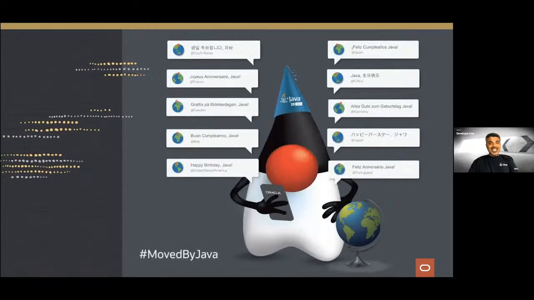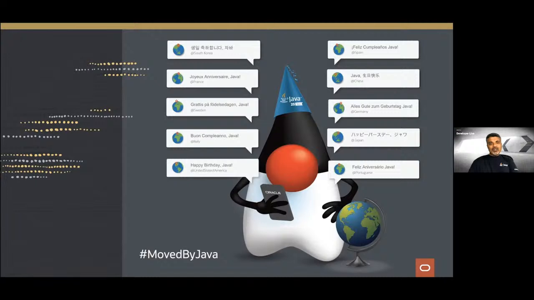Before we begin, I would like to say happy birthday, Java, again. Obviously, we celebrated Java's 25th birthday last year. And all of you have shared so many of your unique stories, from customers to the community. All of you have been moved by Java in interesting ways in terms of how it's moved your career, how it's moved innovation, but also moved your businesses forward.